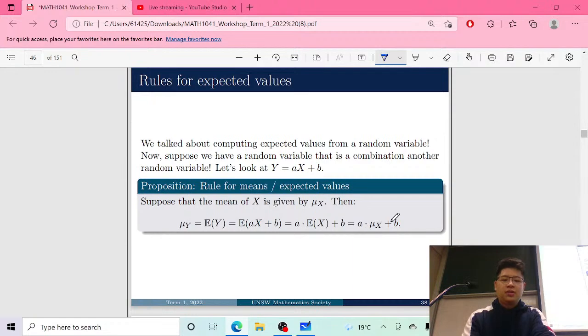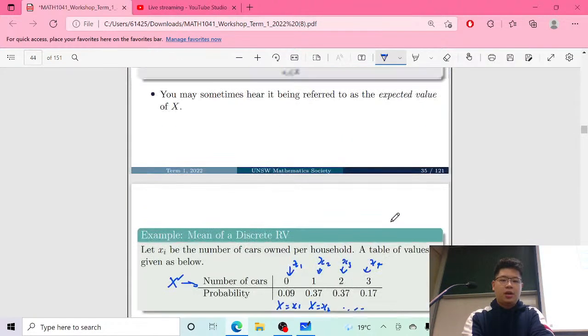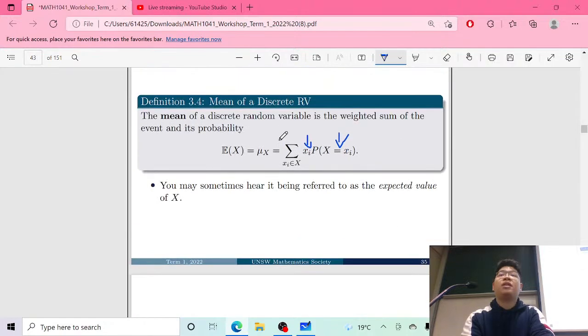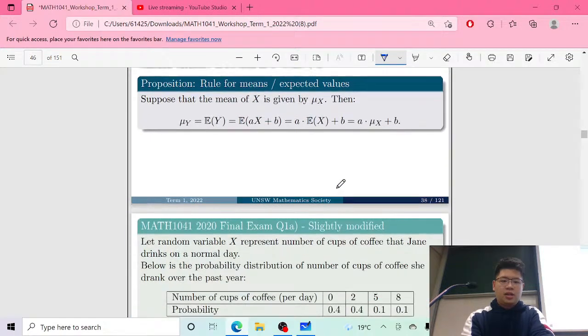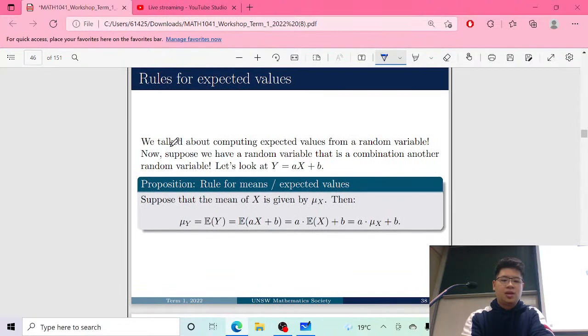Anyways, going back to the course, there's a couple more rules about expected values. Just now we learned how to compute an expected value, but there are also several rules about expected values. Let's say that we have a new random variable, y, that makes use of x, which is a random variable that we already know. The expected value of y is just going to take out the a and the b right here.